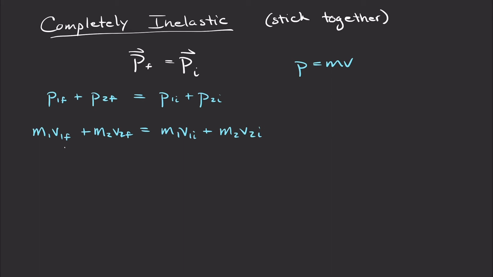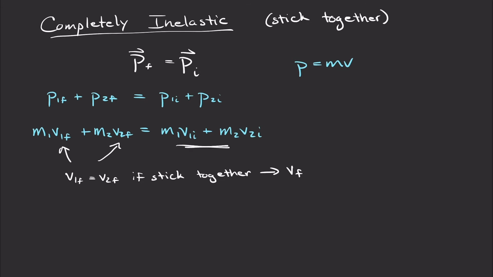But since the objects stick together, that means their final velocity is going to be the same because they're going to be moving together at the end. So V1F and V2F are equal if the objects stick together. So instead, we're just going to call this VF.